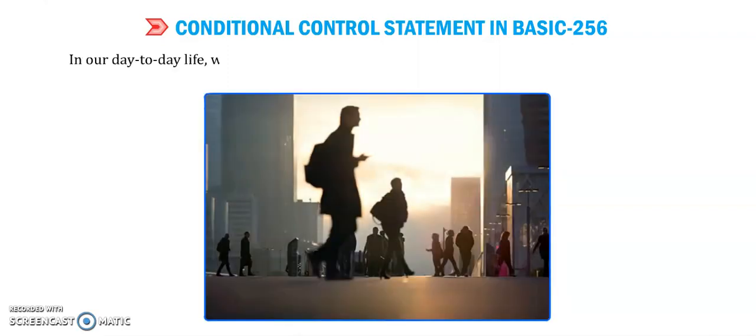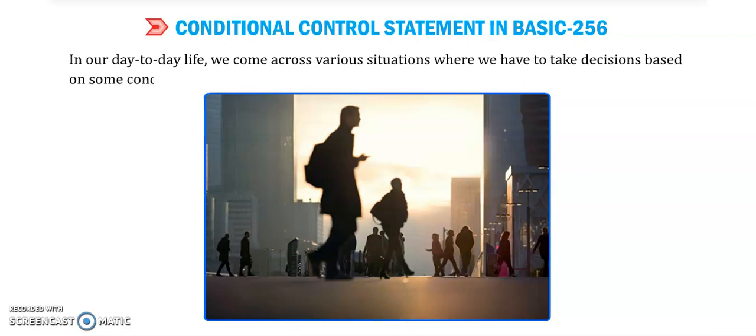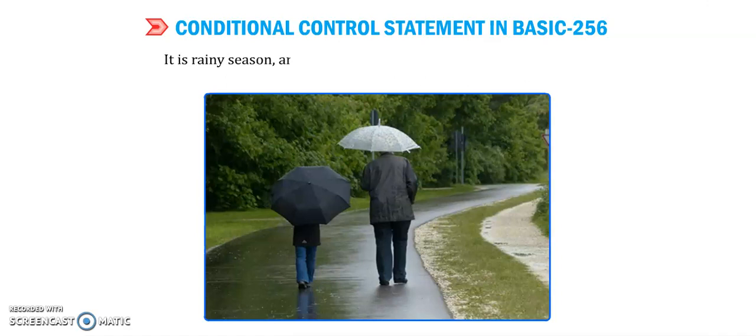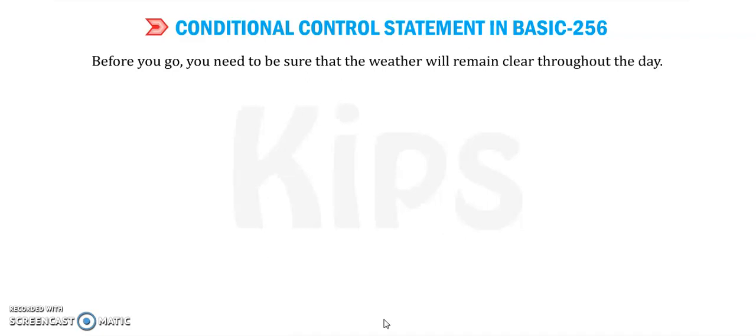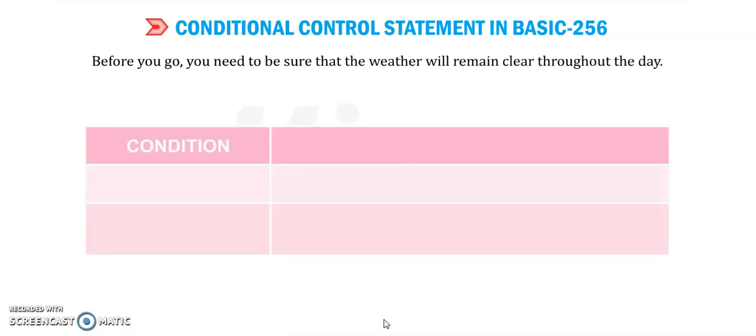So what are conditional control statements in BASIC? In our daily life, we come across various situations where we have to take decisions based on some conditions. Let us take a real life example. It is rainy season. If you want to go out to play with your friends, before you go, you need to be sure that the weather will remain clear throughout the day.